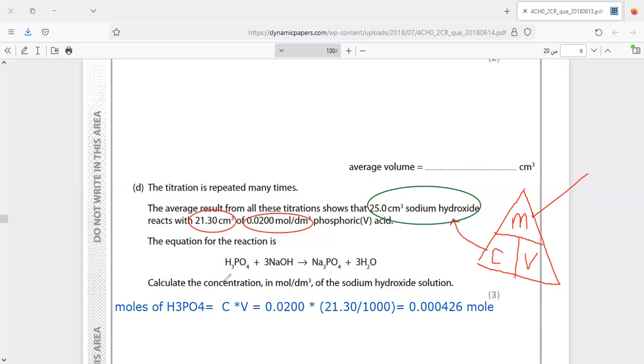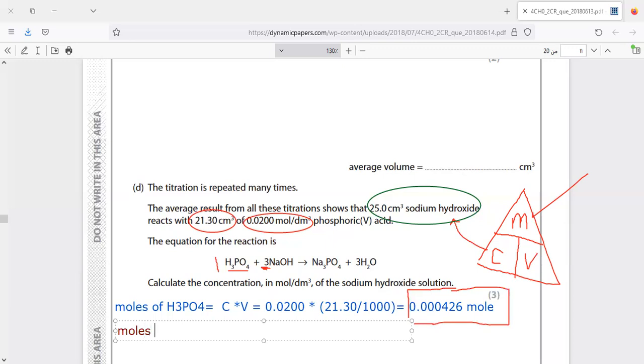Now I know phosphoric acid is 0.000426 mole. Now I will use the mole ratio between phosphoric acid and sodium hydroxide. As you know, it's 1 to 3. So the number of moles of sodium hydroxide equals what? 0.000426 times 3.